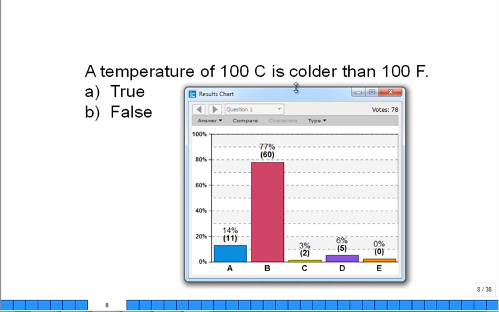Everybody zone in on the answer. You think we'll end at 100% correct or not?